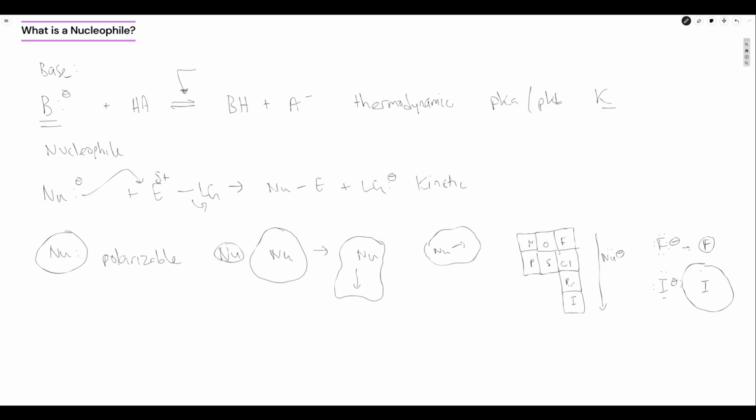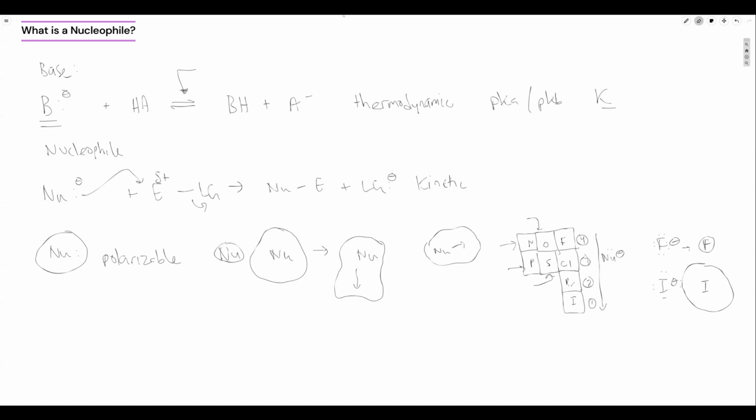The outer electrons are far more shielded from the protons because there are so many layers of electrons that the electron cloud ends up being far more polarizable, and you get that kinetic quality that's necessary for something to work as a nucleophile. So sulfur is going to be a better nucleophile than oxygen in virtually all cases. Not in all cases, but generally speaking, ceteris paribus, all things held equal. Phosphorus will be a better nucleophile than nitrogen, and of course we can rate the halogens. I got that backwards. We can rate the halogens like this: this will be the best nucleophile, then this, and finally this.